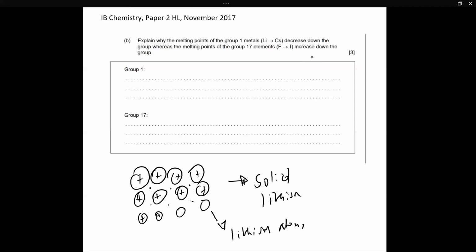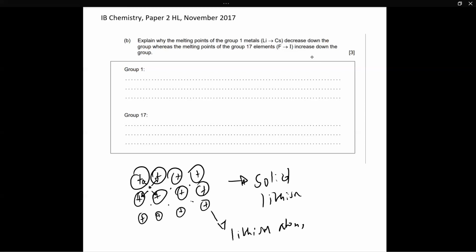And because their nuclei have a slight positive charge, and electrons, as you know, these dots in the middle, carry negative charges, positive and negative attract each other. So you see a force of attraction occurring between the positive nuclei of these lithium atoms and the delocalized electrons.